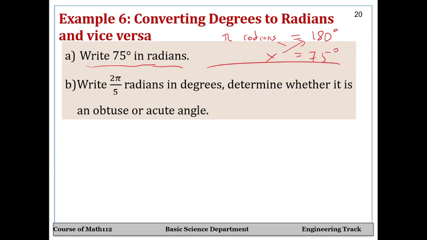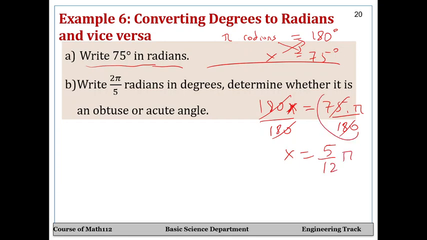You can multiply them, so 180 x is equal to 75 times pi, divided by 180. So x is equal to, after the simplification, 5 over 12 pi. You can try to do it. This will be pi over 12, 5 pi over 12. So you can do it this way.